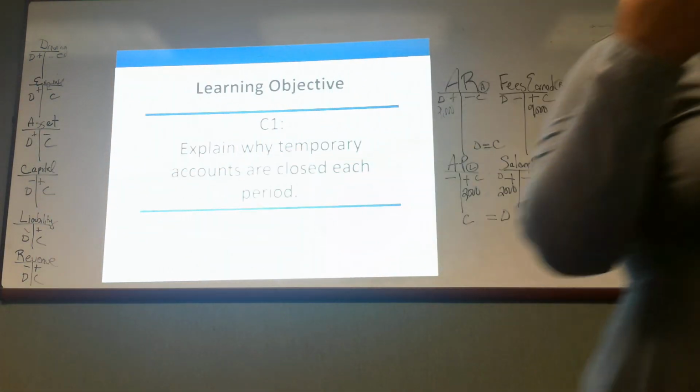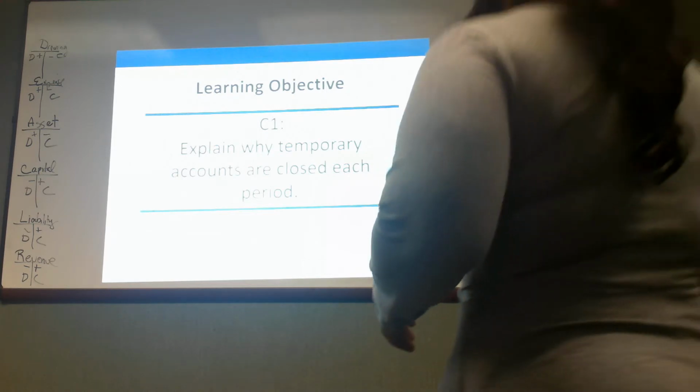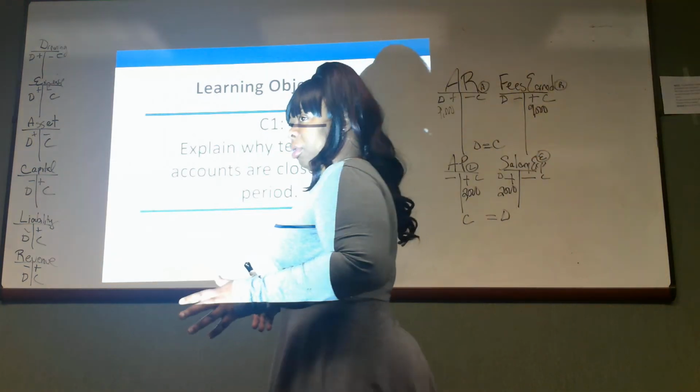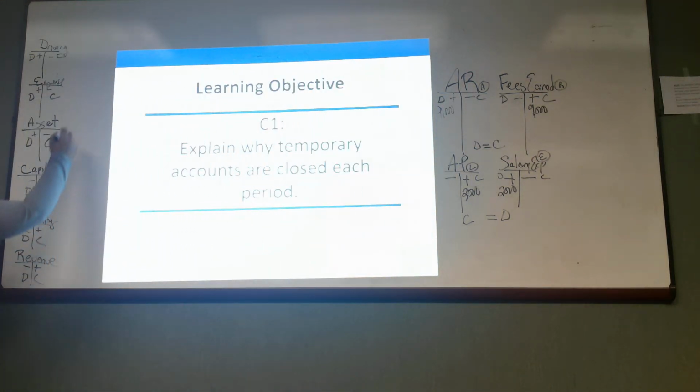With each one of these accounts, if you think about the account logically, it makes sense what's temporary and what's permanent. So if I'm looking at cash or supplies or land, all of these are asset accounts.